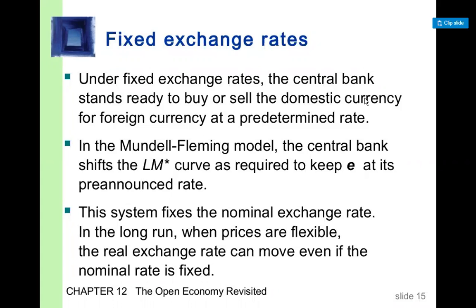So here we are going to discuss the fixed exchange rate. In this system, the nominal exchange rate is fixed.